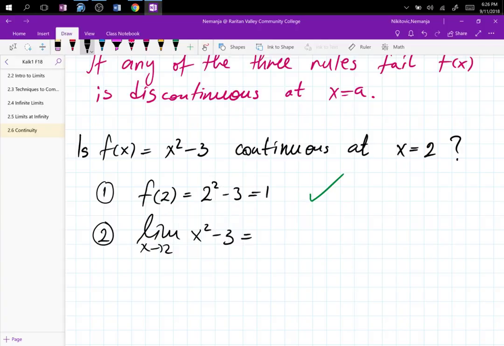So we can just plug in the value and we get 1 again. So it passes on the limit. And finally, number 3, 1 is equal to 1. Passes number 3. So the answer is yes, it is continuous at that point.